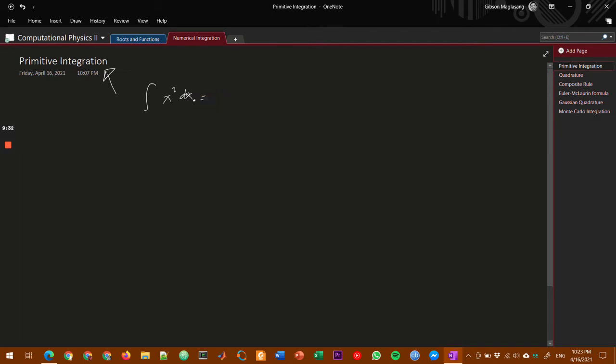We have x cubed over 3 evaluated from A to B. So there's no reason for us to use numerical integration in that case, because you can get the exact answer. Numerical integration will come into the picture if a certain integral is difficult or almost impossible to solve by hand.